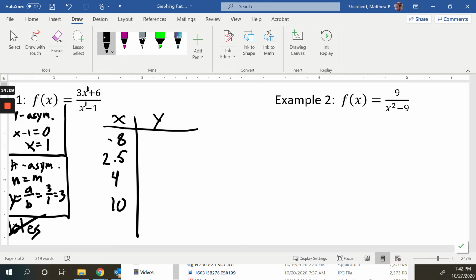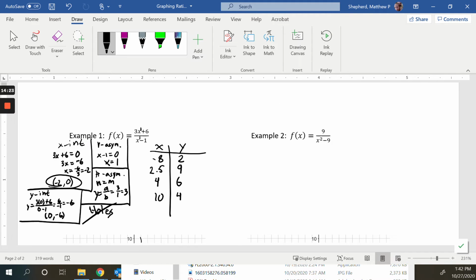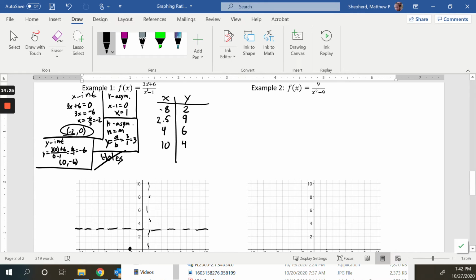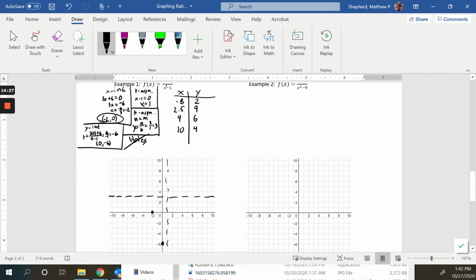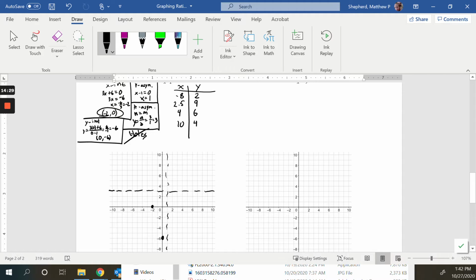So if we put -8 in for x into that equation, we will get 2. If we input 2.5, we get 9. Input a 4, we get 6. If we input 10, we get 4. So now with those extra points that we have, we can put at -8, that would be up at 2.